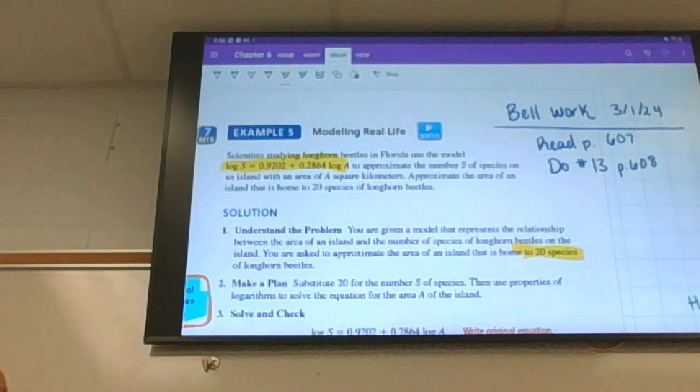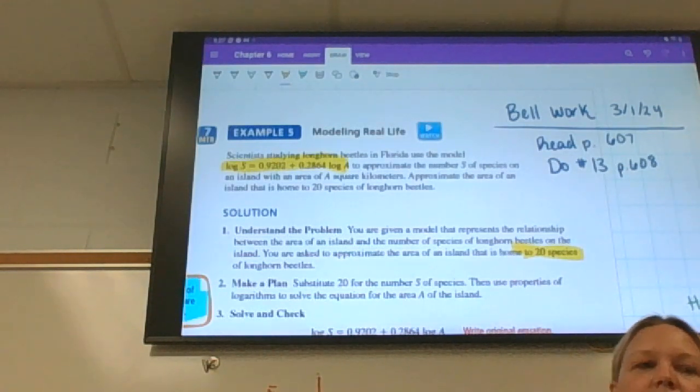I would have thought it would have just been something like this, like a size of island, right? And then this would be the numbers of species. And I would have thought that a small island just has a couple of species. A bigger island has more.